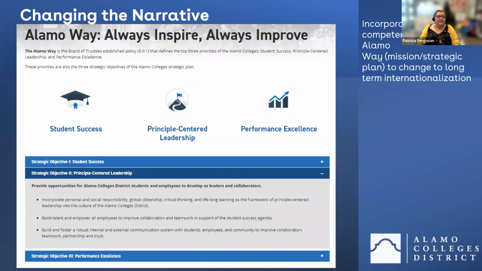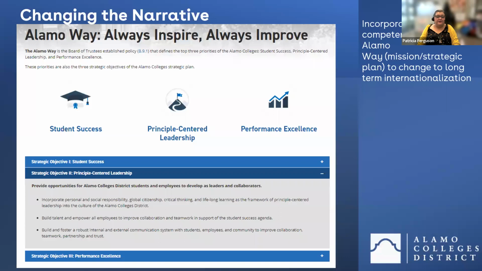In our strategic objective 2, principle-centered leadership, we provide the opportunity for Alamo College district students and employees to develop as leaders and collaborators. And it says here, incorporate personal and social responsibility, global citizenship, critical thinking, and lifelong learning as frameworks of principle-centered leadership into the culture of the Alamo College district.